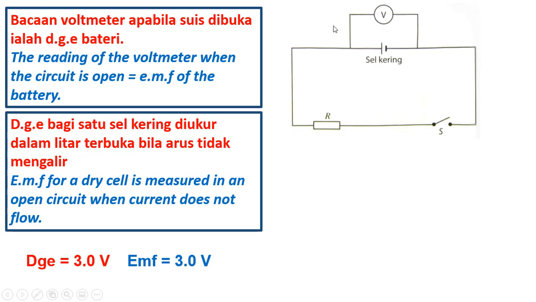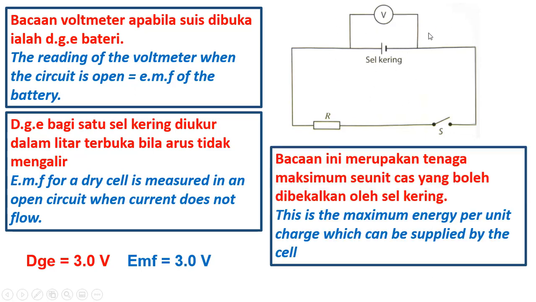So current cannot flow, and the voltmeter reading will give you the EMF. This is the maximum energy per unit charge which can be supplied by the cell. So the cell can give a maximum energy of 3 joule per coulomb, or 3 volt, to drive 1 coulomb of charge from the battery through the resistance R and back to the negative terminal of the battery.